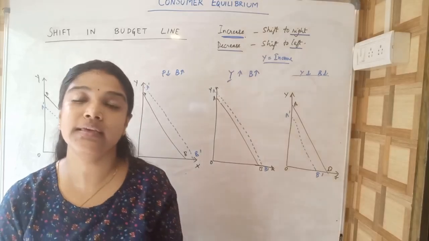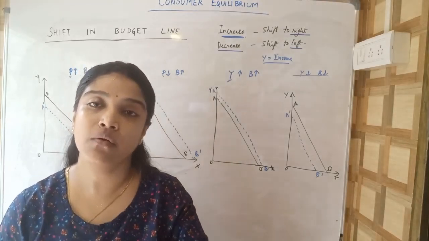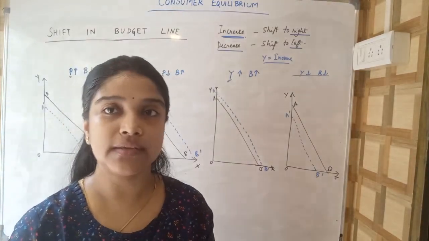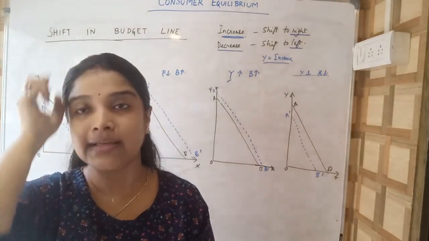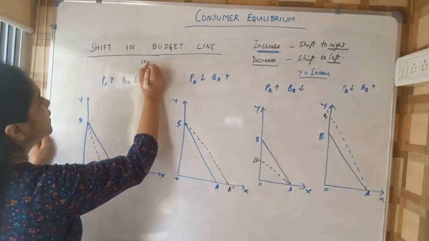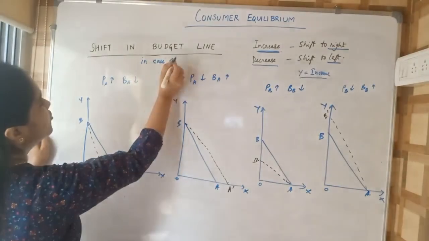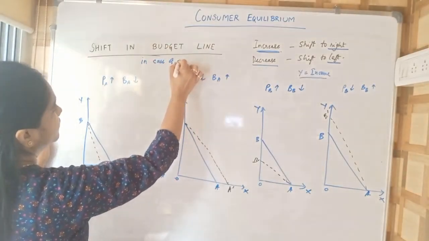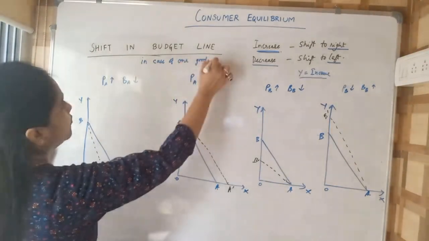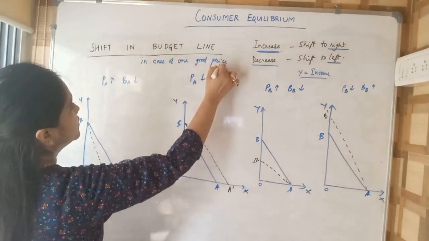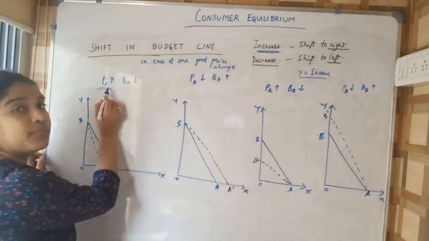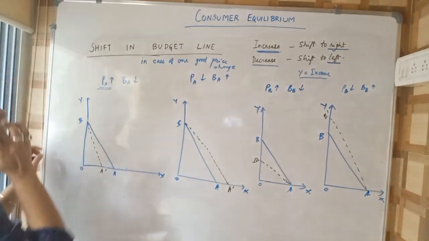Again, now there is another case wherein there's a change in price of one good only. So what happens in case of those budget lines? Let us see. So now let us take the case of changes in price of only one good. If only one good's price changes, let's say the price of only A changes, okay, it increases.